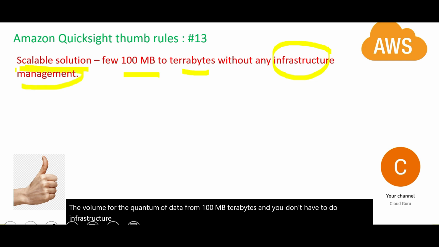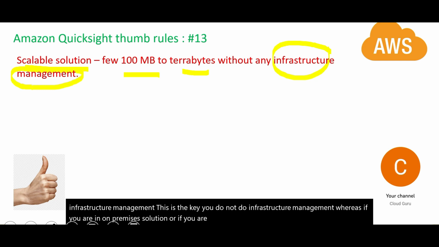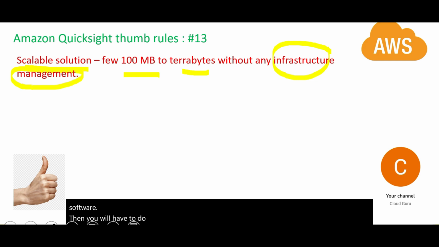This is the key. You do not do infrastructure management, whereas if you are in an on-premises solution or if you're using VMs or EC2 instances to install DBI software, then you will have to do some level of upgrade, patch, and so on. Quicksight is basically a SaaS solution, software as a service.